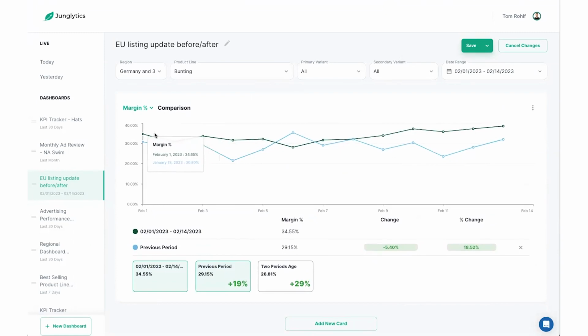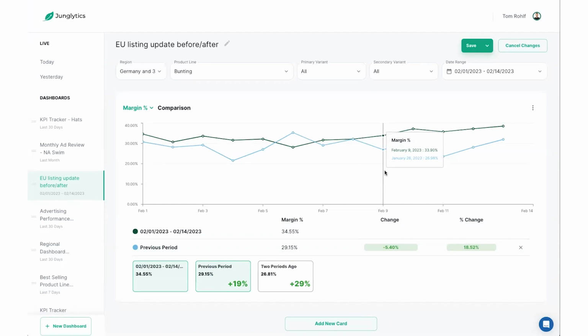And then the last one we wanted to look at was comparing how margin was behaving beforehand, and how our margin is now. We saw an increase of 18% in our margin from before and after this test. Those are the 3 dashboards that I wanted to show.